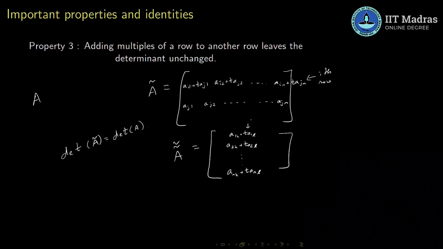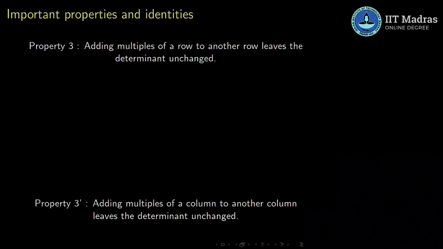This is the new kth column. Okay, and the same thing will work. Determinant of A double tilde is determinant of A. Okay, so adding multiples of a column to another column leaves the determinant unchanged.